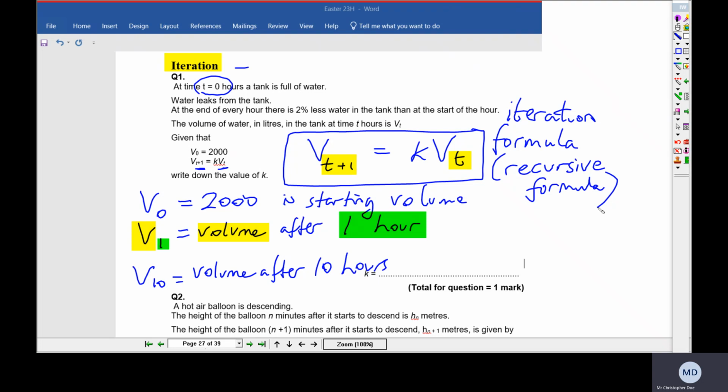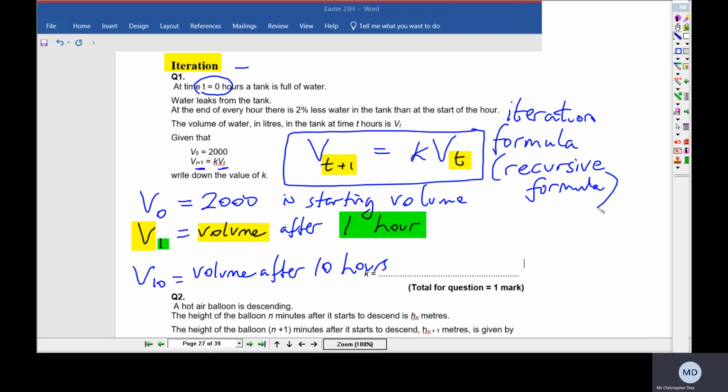Now we need a little bit of understanding about what K is. It's basically a multiplier. It's a number you multiply the volume by to get the next volume. Say if we were filling up a container and each minute or whatever time period we're using, the volume doubles. So say it went from 1 litre to 2 litres to 4 litres to 8 litres.